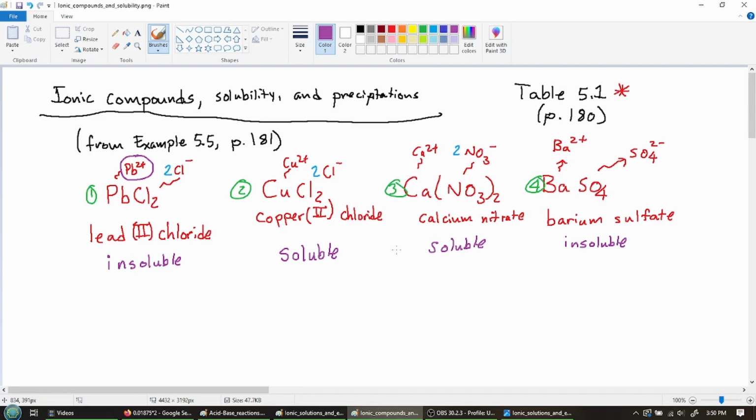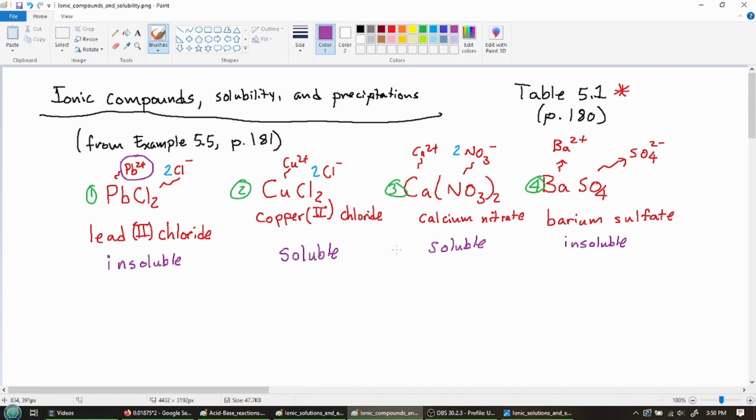Well, how do we know that? Potassium iodide, let's go back to the table on page 180. Potassium is in that very first row. It looks to me like if something contains potassium, it's going to be soluble. So potassium iodide, no problem. That one's soluble. How about the lead 2 nitrate?